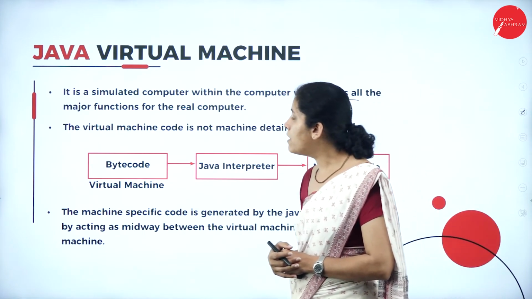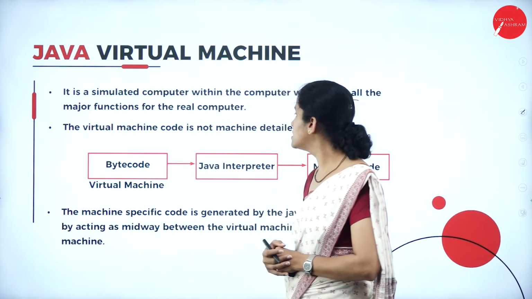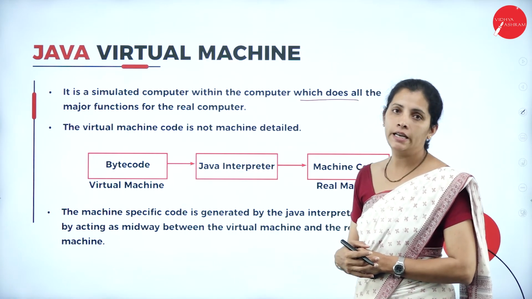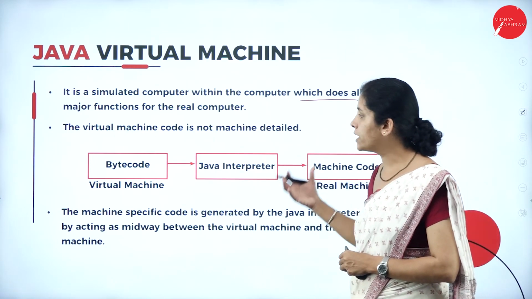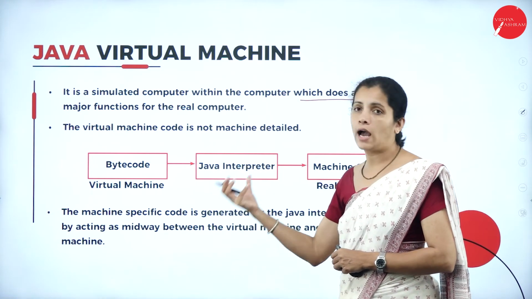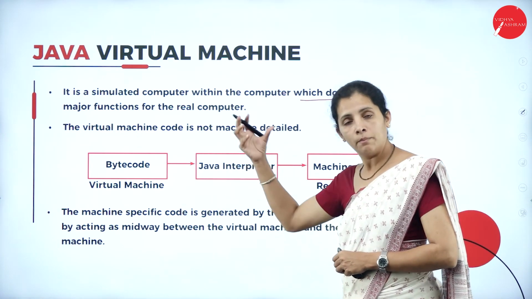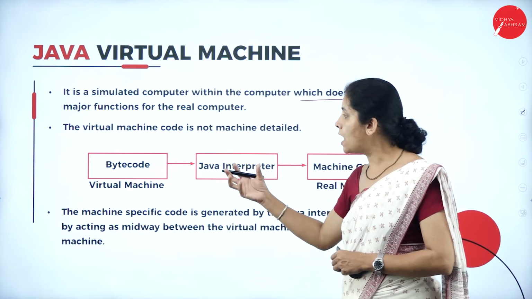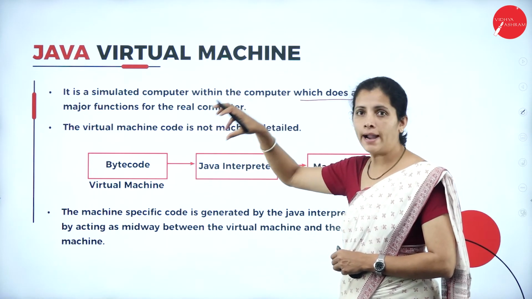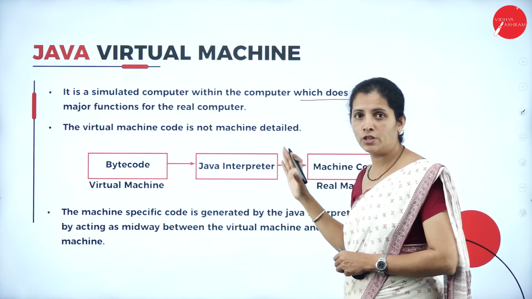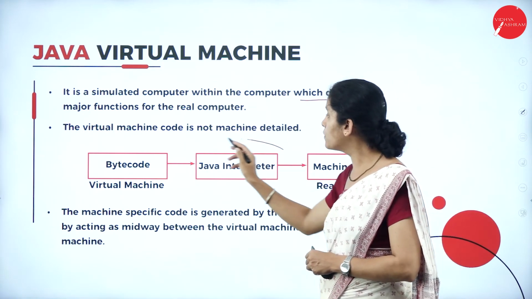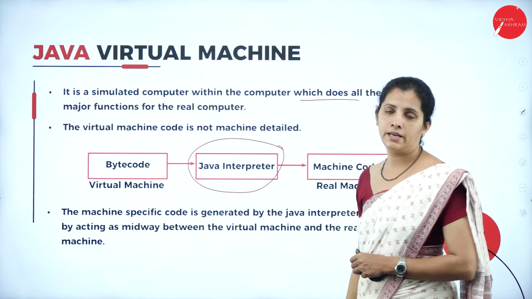And the Java virtual machine code is not machine code. That means whatever byte code I'm going to get, it is not the machine code. Now I want to convert this byte code to machine code. For that I'm going to have the interpreter.